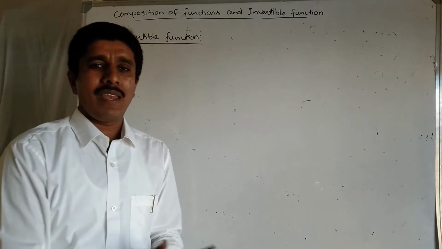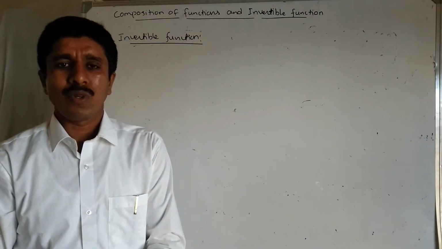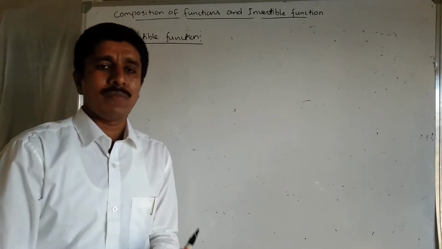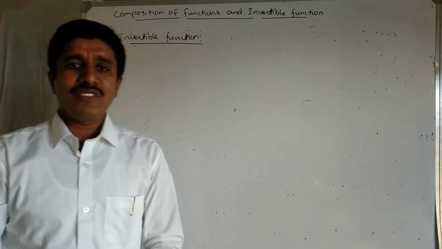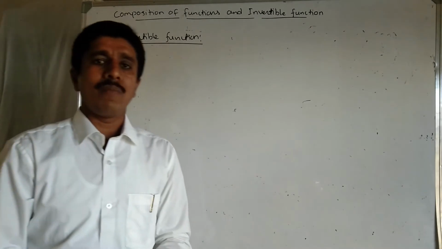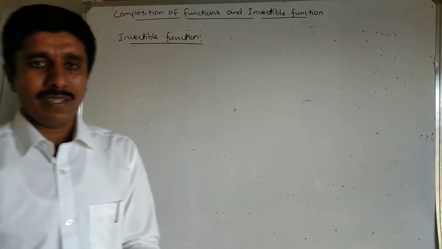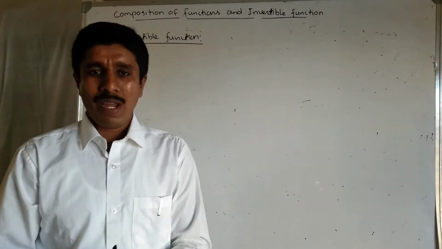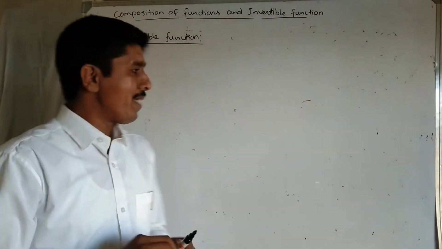Different elements of the domain have different images in the codomain. And onto function means for every element of the codomain there exists at least one pre-image element in the domain. A bijective function can be defined when the domain and codomain contain the same number of elements.